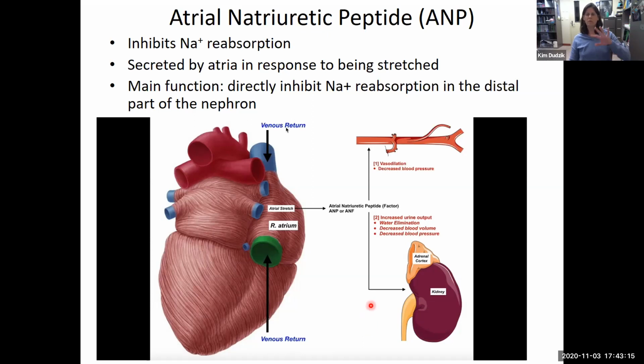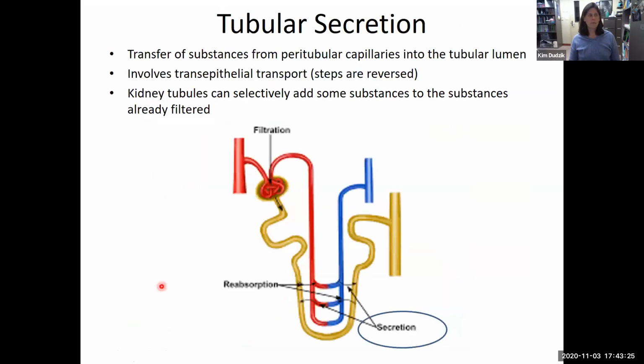So that's variable reabsorption. We just went over what increases the reabsorption. Atrial natriuretic peptide can decrease the reabsorption. One more function, and then we're almost done here. We've got a few more slides to go.